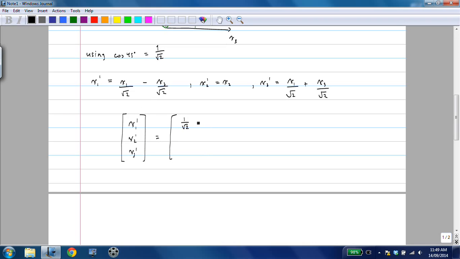There's no x2 component here, and then we'll have negative 1 over the square root of 2. For x2 prime, we just have x2, so we'll have a 1 here, and there's no other components, so we'll put zeros, and then x3 prime will have 1 over the square root of 2, 0, and 1 over the square root of 2. So this is our transformation matrix.